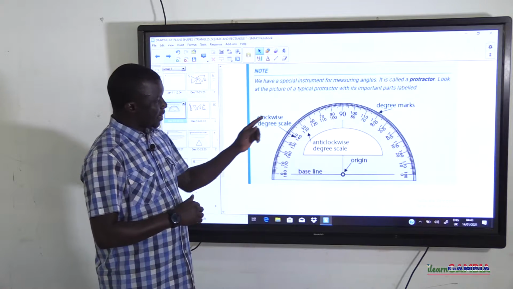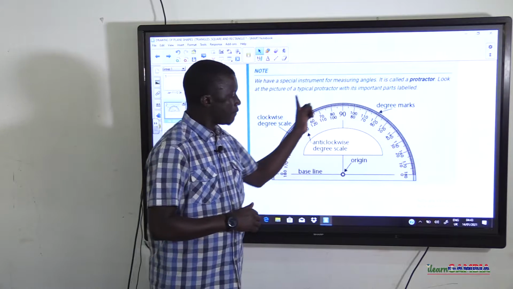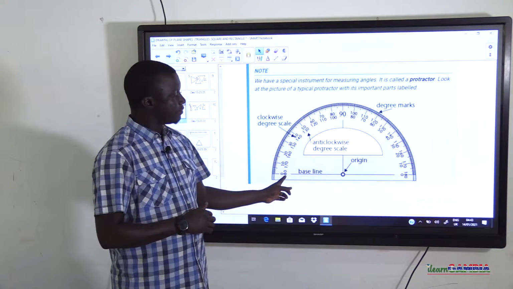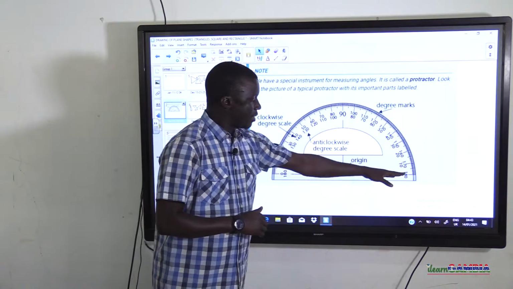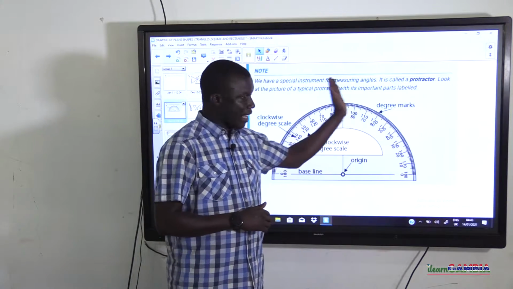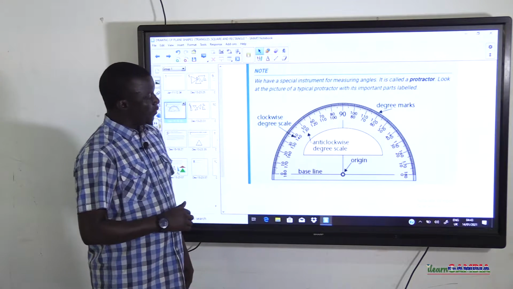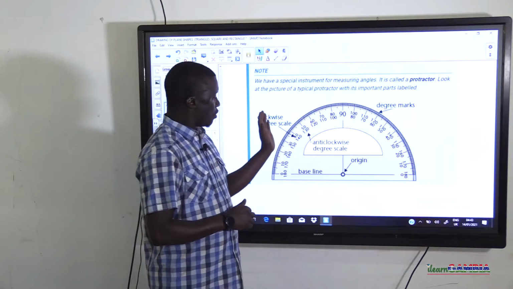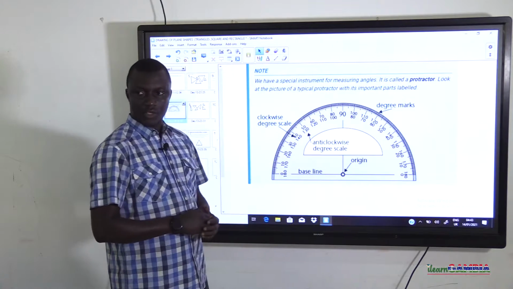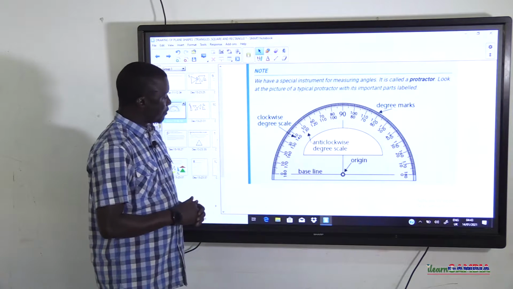And as we can see, the degrees are marked here from 0 to 180, starting from the right, coming over to the left, and from 0 to 180 on the other side as well. In two directions, in the clockwise direction and in the anti-clockwise direction as well.